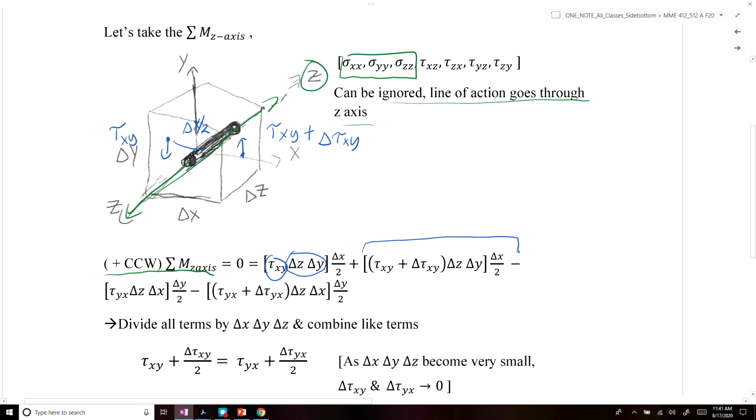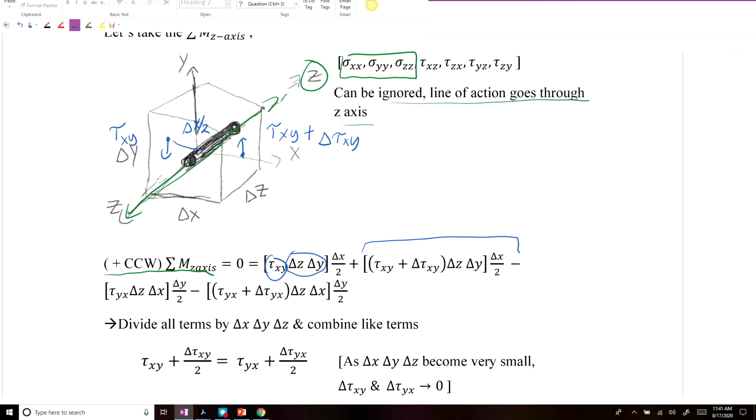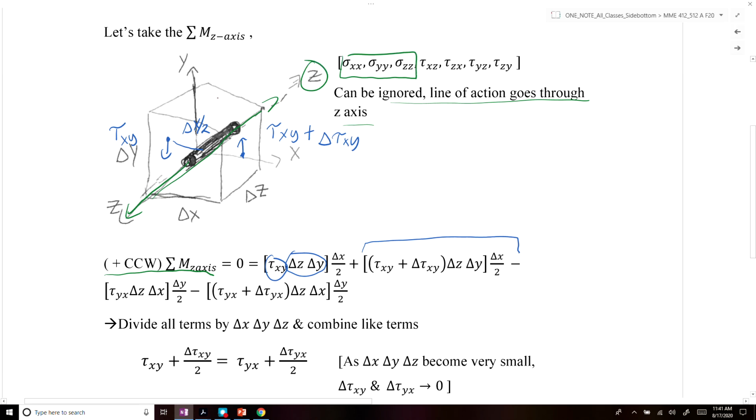Now, we can do the same thing on the top of the cube. On the bottom of the cube, we're going to have tau yx, and then on the top of the cube, we're going to have tau yx plus delta tau yx.